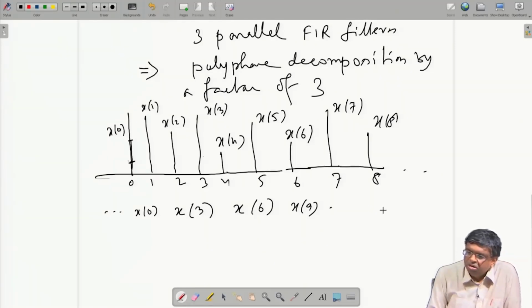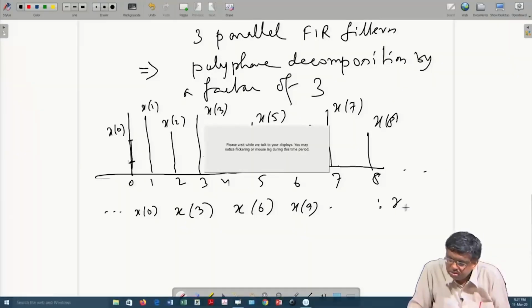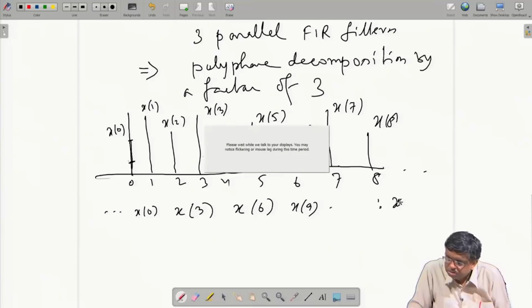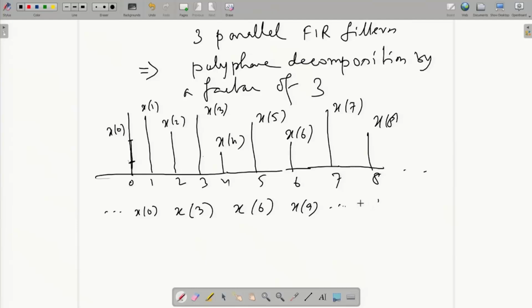This will be called the 0th polyphase factor, that is capital X 0 n, dot dot dot, which is the 0th polyphase factor x 0 n, and its Z transform is X 0 z.